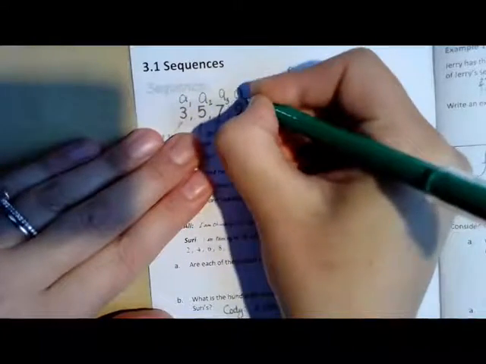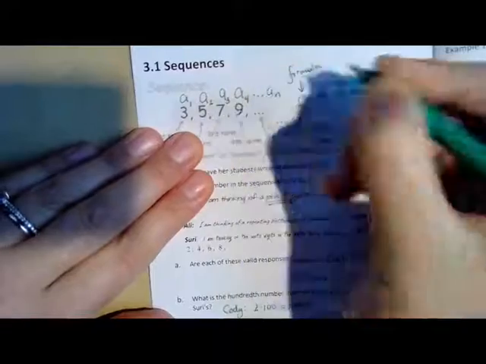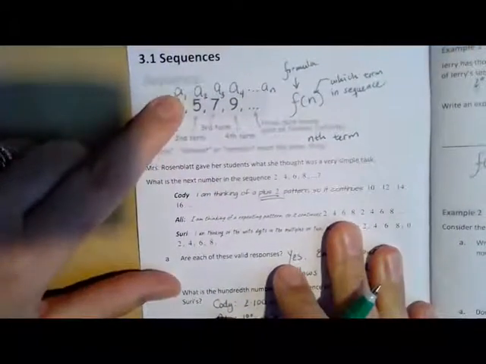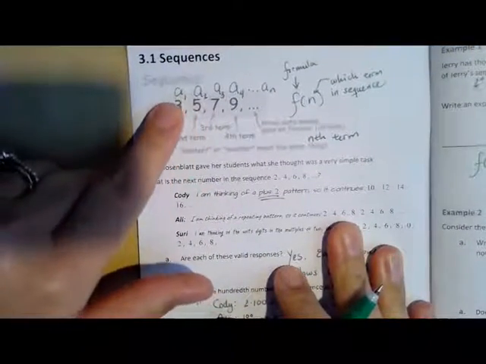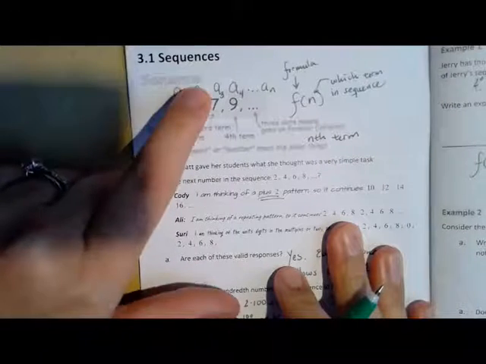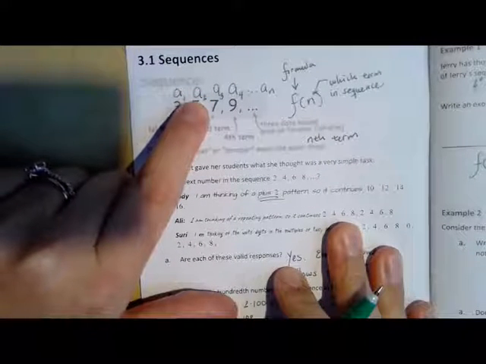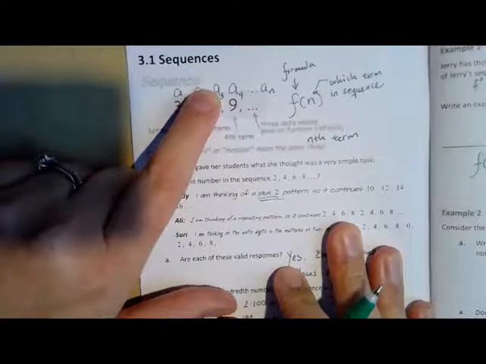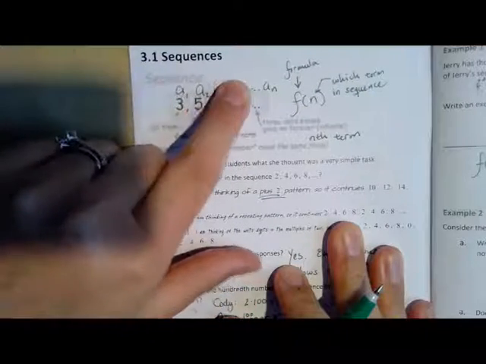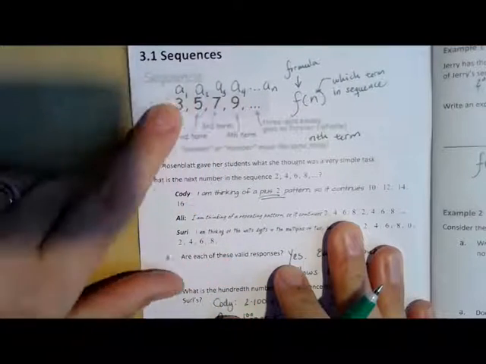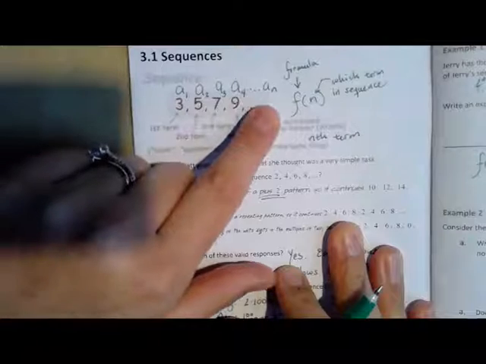Each one is a part of the sequence A. This notation shows that these letters are all related and where they are in the list, as opposed to this one, which focuses more on how you get any number in that list.